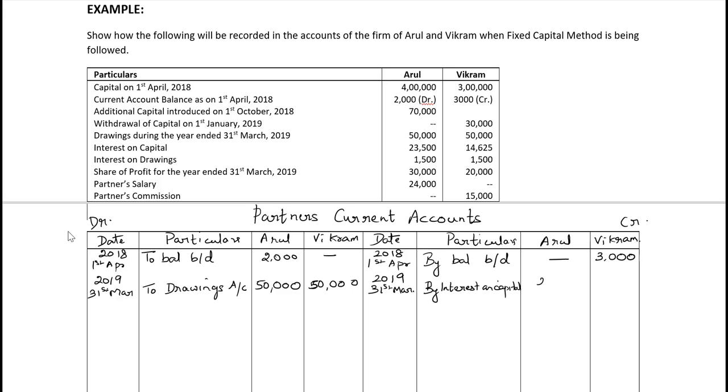23,500 for Arul, and 14,625 for Vikram. Interest on drawings, 1,500 each for Arul and Vikram.